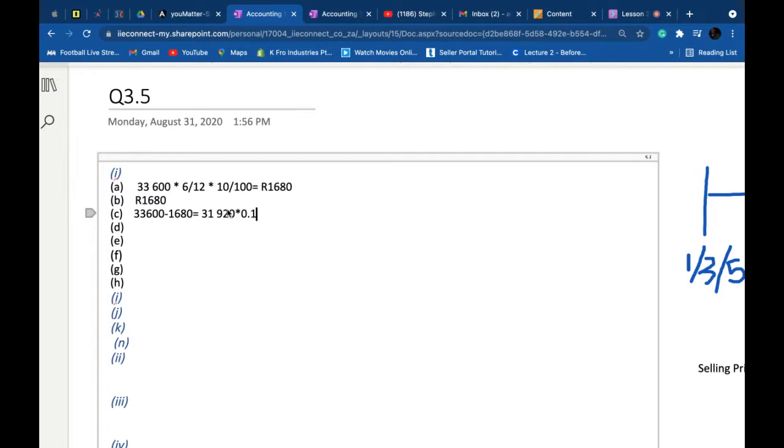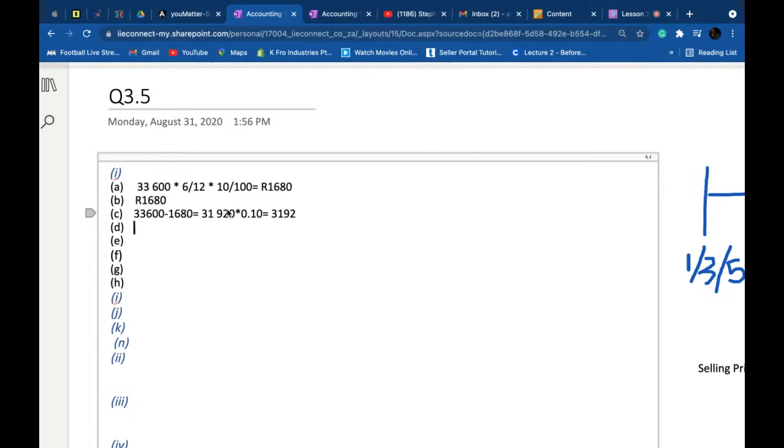I'm just going to say 0.10, which is what you get when you divide 10 by 100. We're just doing question 3.5 in your textbooks. So then, what do we get? 3,192.